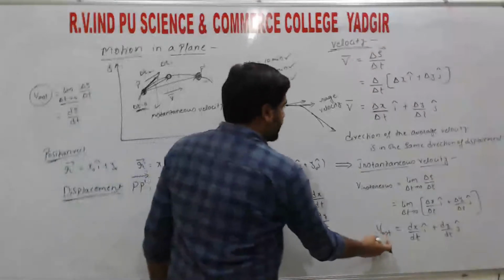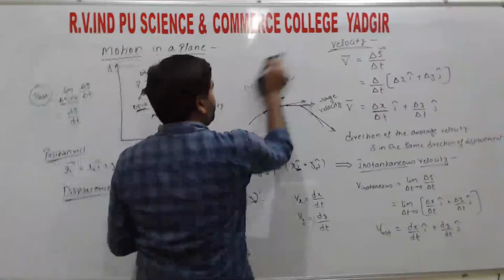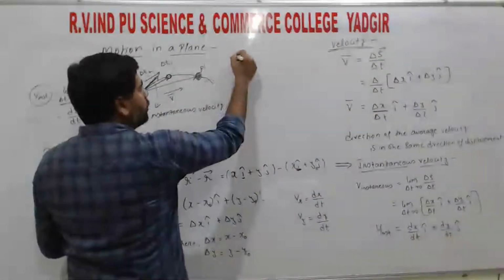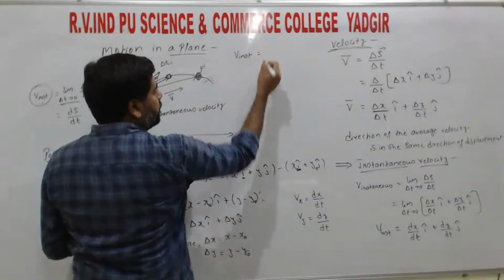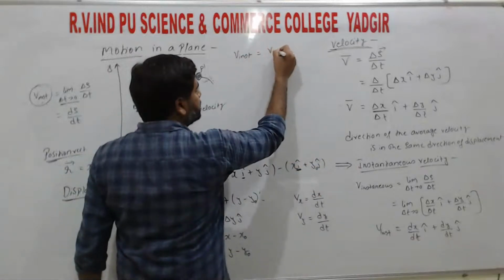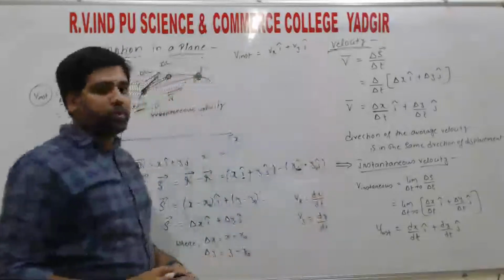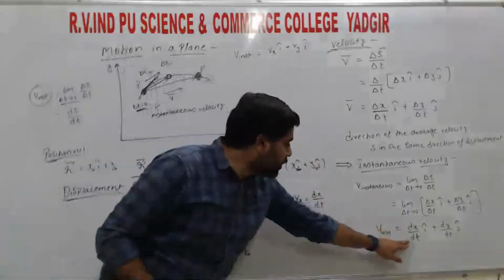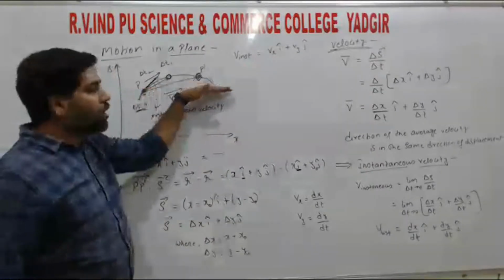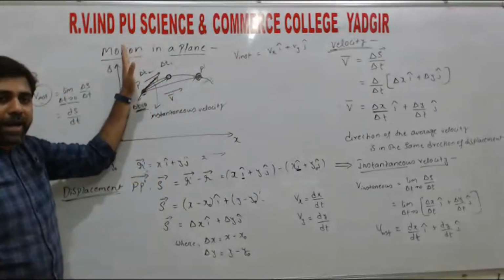So this instantaneous velocity we can write as v, that is equal to vx i cap plus vy j cap, right? That means we are replacing dx by dt with vx. Vx gives the velocity of the particle along the x-axis, and vy gives the velocity of the particle along the y-axis, right?